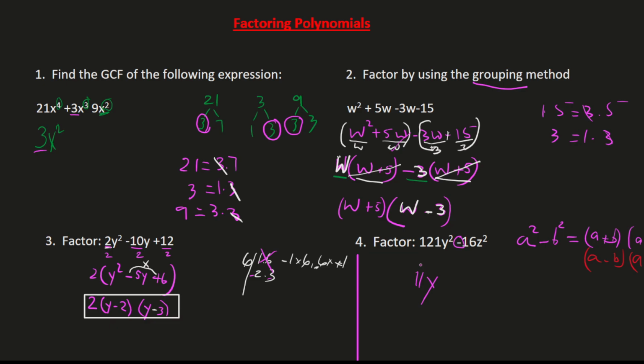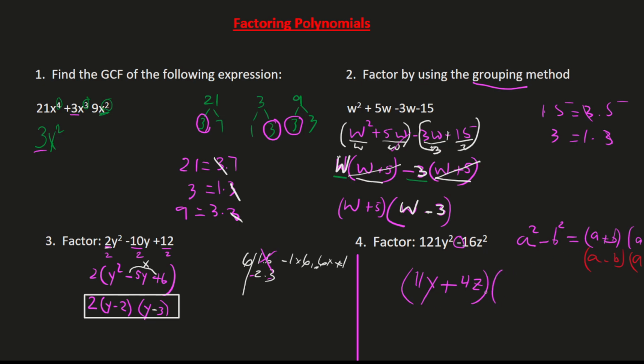So what I'm doing here, 121 y squared minus 16 z squared is equal to 11y plus, I'm following the formula here, a plus b, plus what number if I multiply by itself gives me 16? That's 4. What number if I multiply z by itself gives me z squared? So this is 4z. That's the first one. This is a plus b.